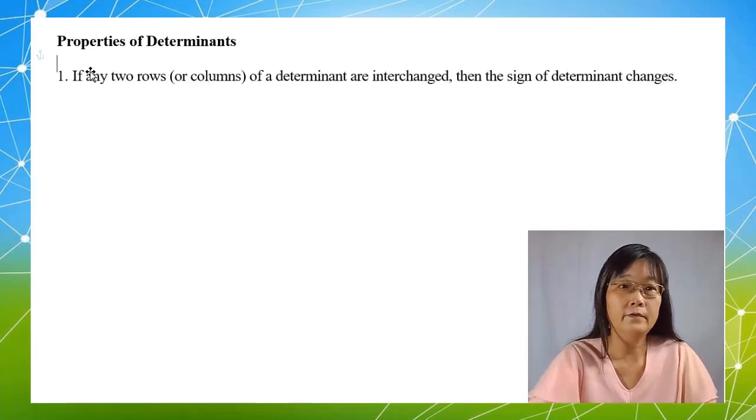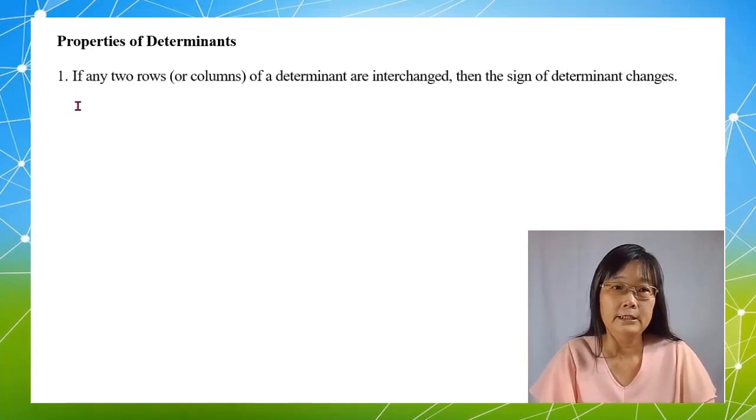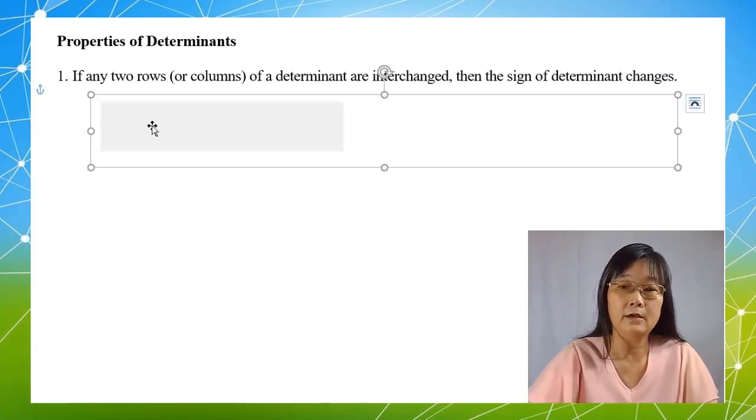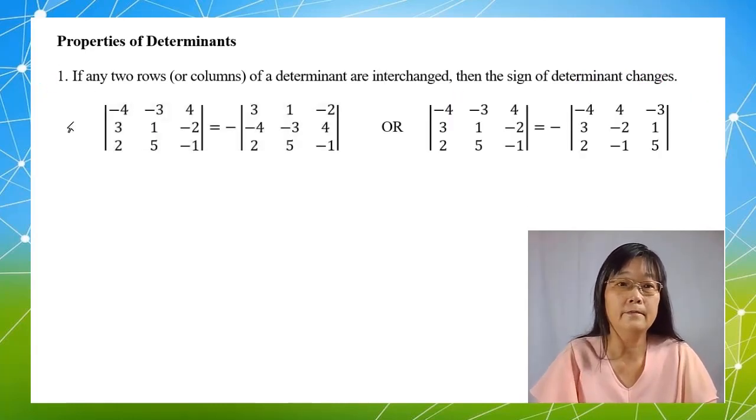Now, for the first one, if any two rows or any two columns of a determinant are interchanged, then the sign of the determinant changes. This means that, for example, here I have the determinant.